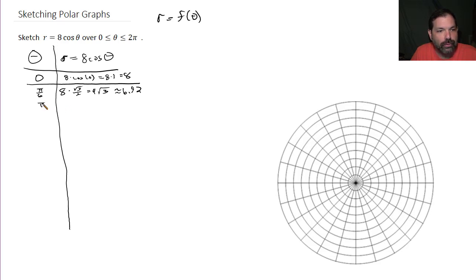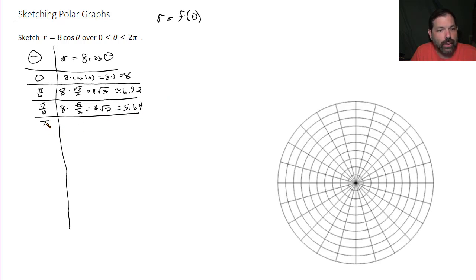And then if it was pi over 4, that's our next nice angle, then I'd have 8 times the cosine of pi over 4, which is root 2 over 2. And so that's 4 times the square root of 2. The square root of 2 is approximately 1.41, so 4 times 1.41 is 5.64.